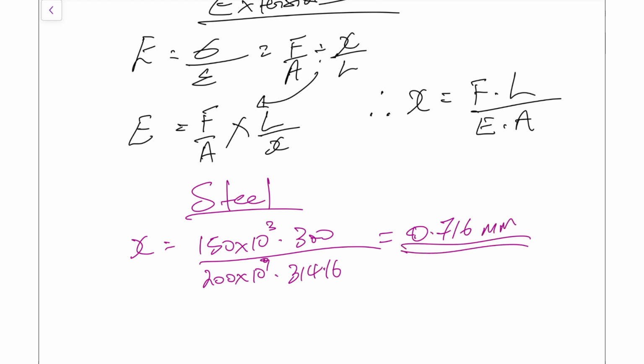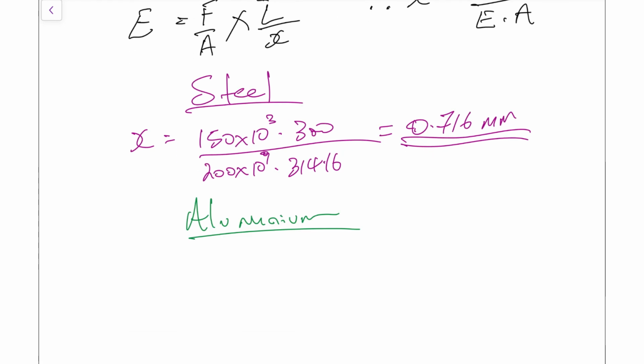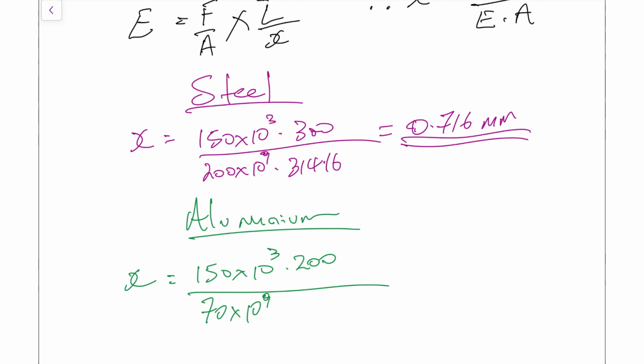We're going to repeat the process now, but this time for the aluminum. The force is still the same, 150 times 10 to the power of 3, multiplied by our original length, which is 200, all divided by the modulus of elasticity, 70 gigapascals, times 10 to the 9, times our area.